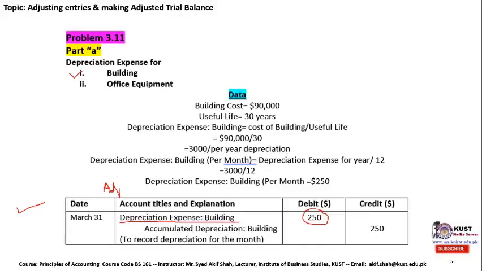This is our expense account. Similarly, we have a contra asset account with the title of accumulated depreciation building, which is having a credit amount of $250. So let's go back to the trial balance and figure out if these two account titles exist or not.